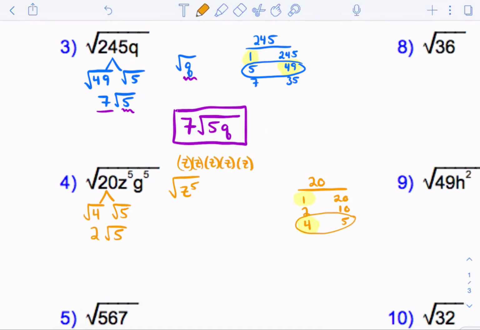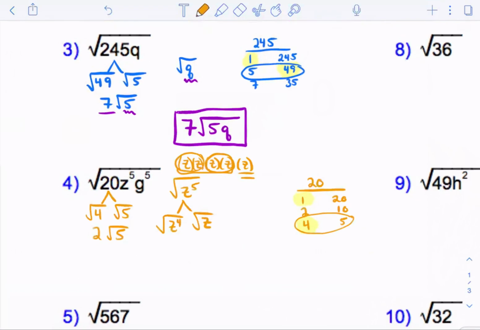So 5 z's. So here's 1 perfect square, here's 2 perfect squares. So in total, that's 4. And I'm left with 1 z alone. So the square root of z to the 4th is z squared. And I'm left with z inside the radical.